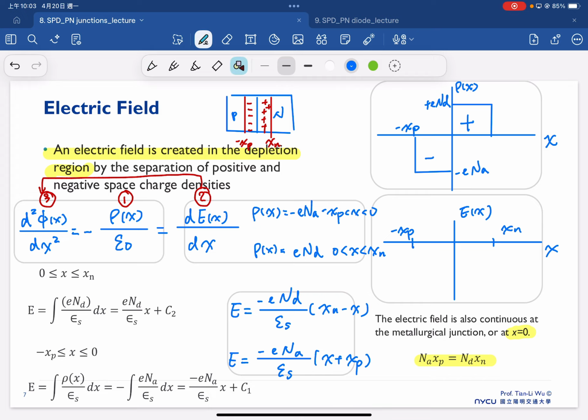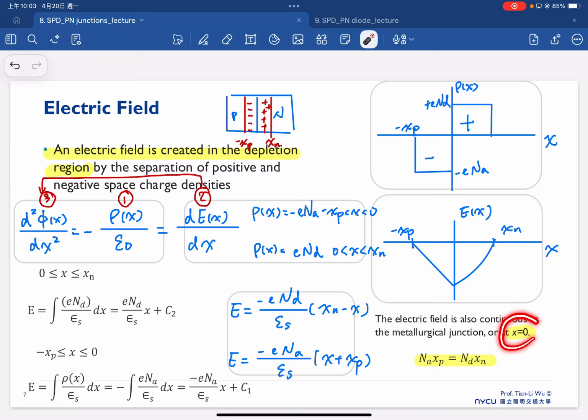So we have this electric field distribution inside this space charge region. And as I said, at this point the electric field must be equal, so by setting this equal to this one at x equal to 0, we can get this formula.